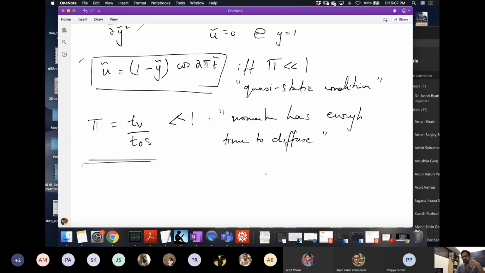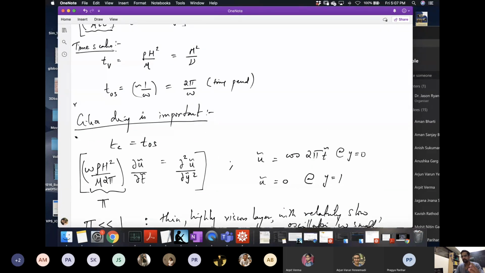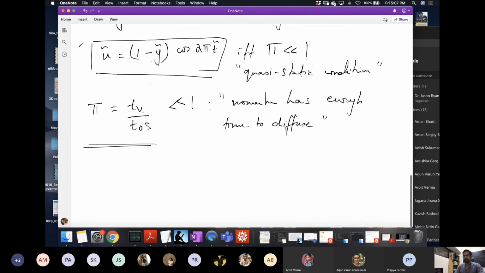Then I know that the viscous diffusion time is going to become very large, right? Because viscous diffusion time scale, TV, goes as h squared. So even if the fluid is viscous, if the wall is very far away, then to reach infinitely far away, I will require infinite time for the momentum to diffuse, regardless of the viscosity. So what to do in that case?